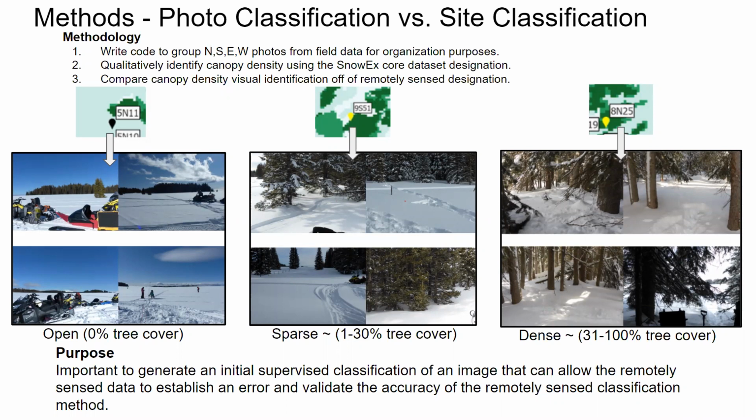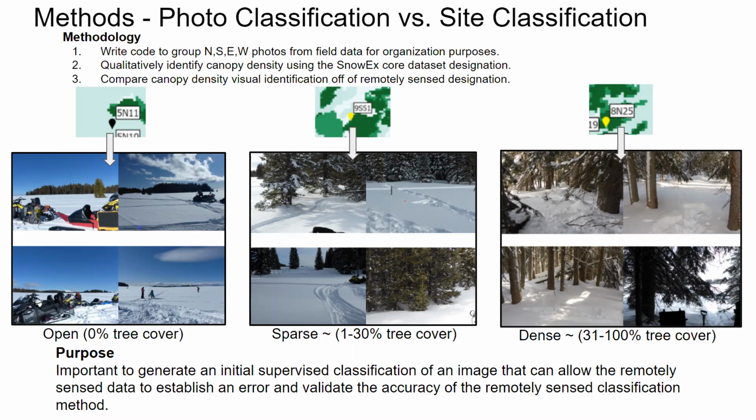I then continued to use the criteria from the SnowEx Hackweek site in an attempt to make a visual observation of canopy cover and designate between either a dense canopy, sparse canopy, or open canopy. I then compared the canopy density from these 360-degree views to canopy cover that we had initially chosen for our sites from the land cover data.